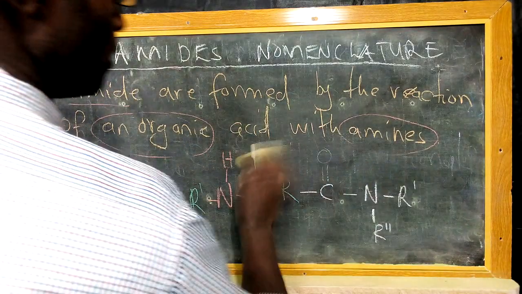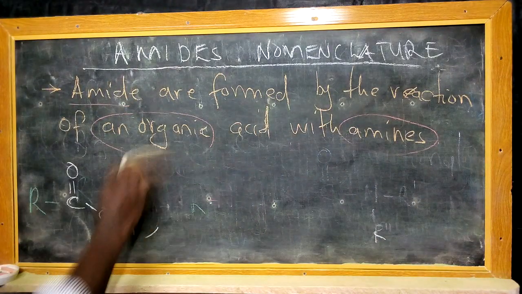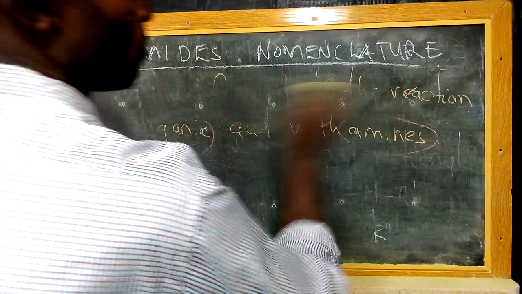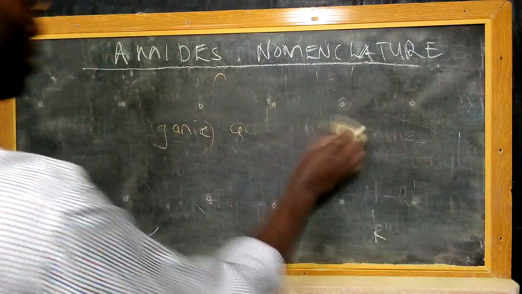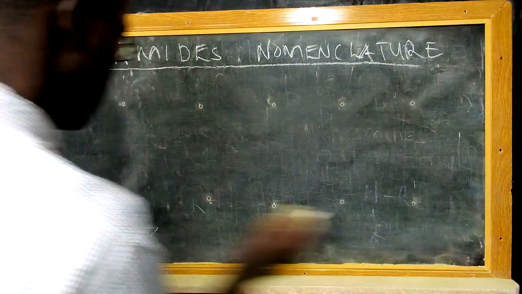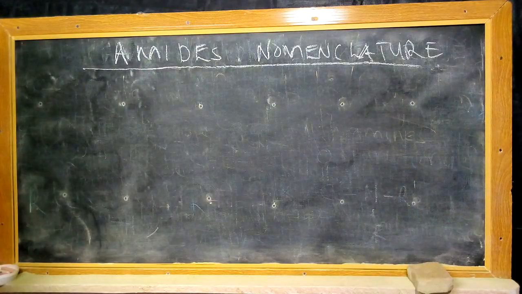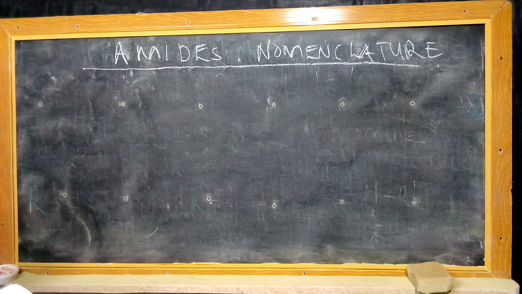So we shall look at an example and see how this particular compound is formed from the two classes of organic compounds, carboxylic acids and amines, as we have said. Let's look at one example of a carboxylic acid reacting with an amine to form an amide.